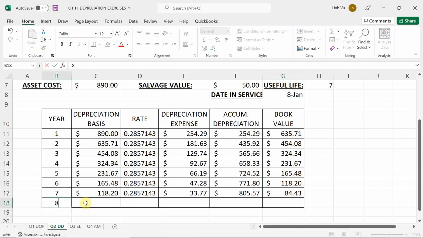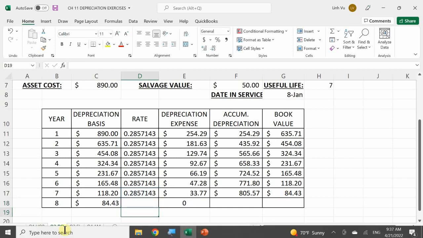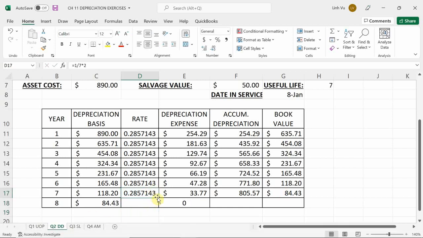Even though the asset is already 7 years old, you can technically still keep going. Because my book value hasn't reached salvage value of 50 yet.